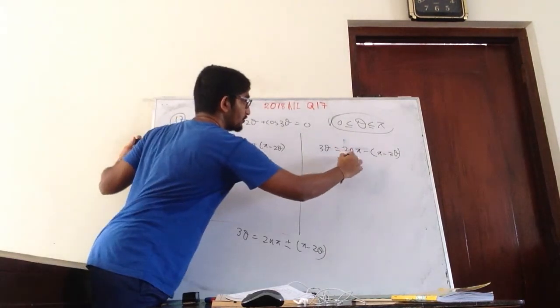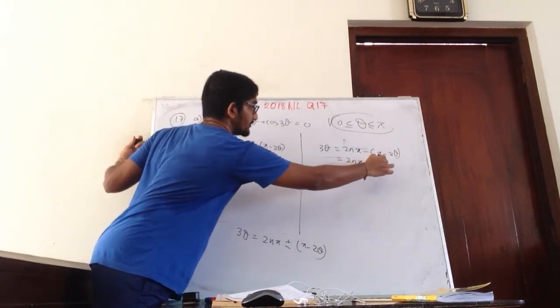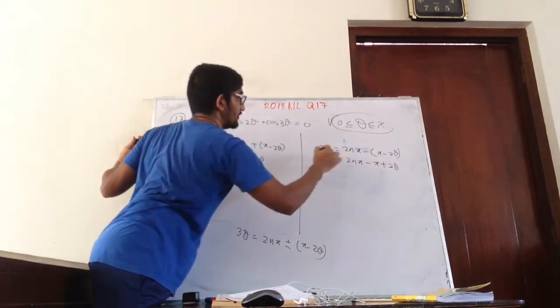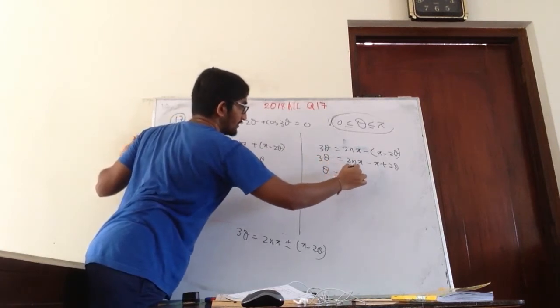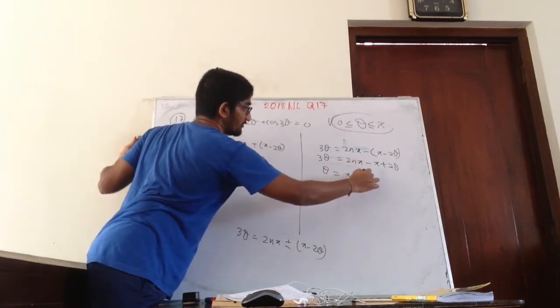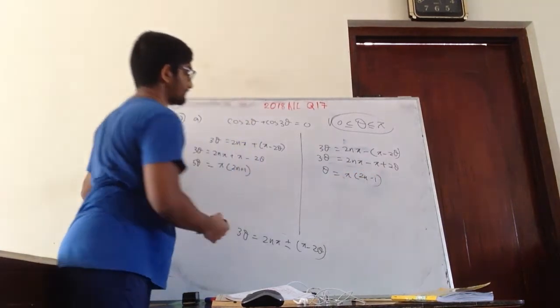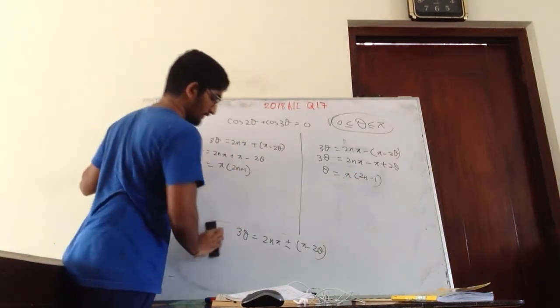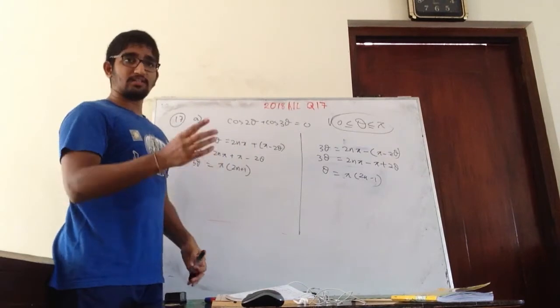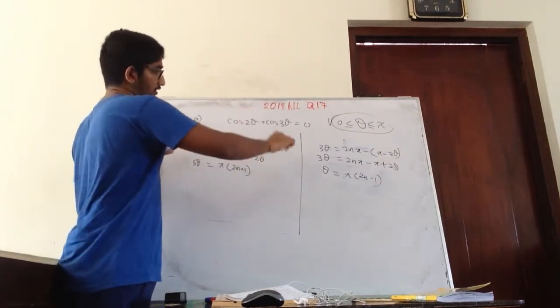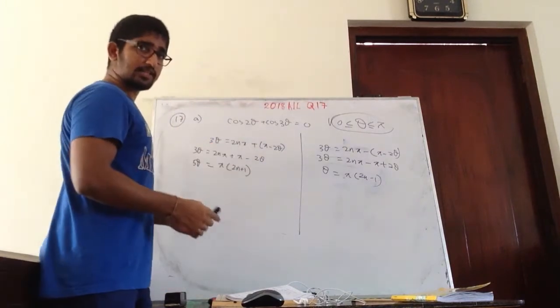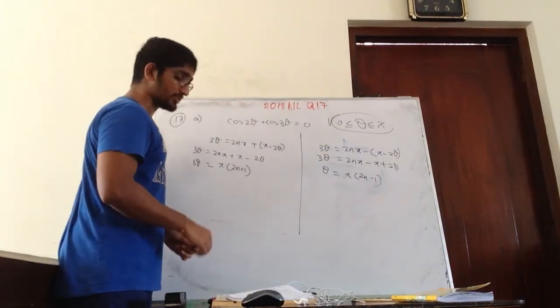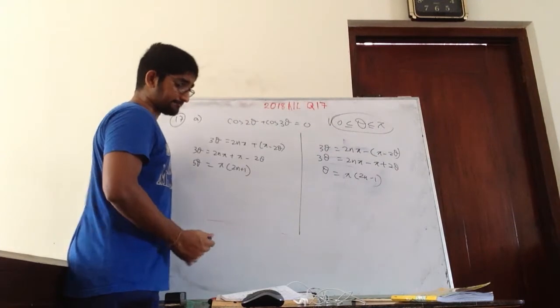Here you will get 2n phi minus 5 plus 2 theta. So if you put 2 theta here, it will become theta, and if you take phi out, it will be 2n minus 1. Right. So now these are the two situations. So what we need to do is we need to put the values and see. Right.